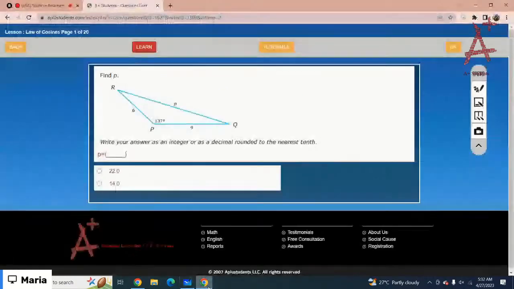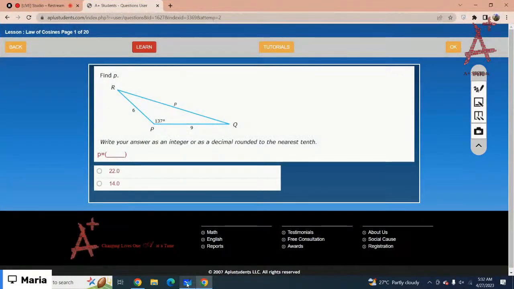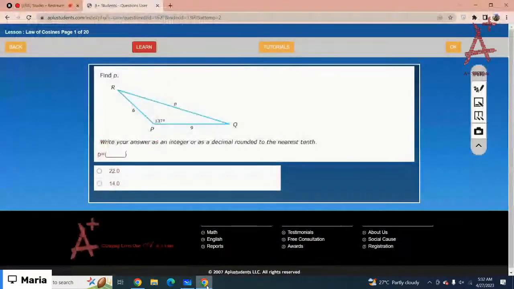Let's just put in all the values. Q and R. Q is 6 and R is 9. So it would be 6 square plus 9 square minus 2 times 6 times 9, and I think the angle is 137.